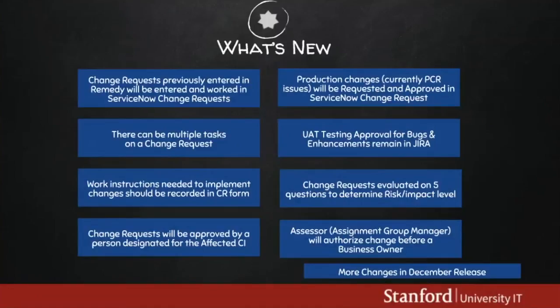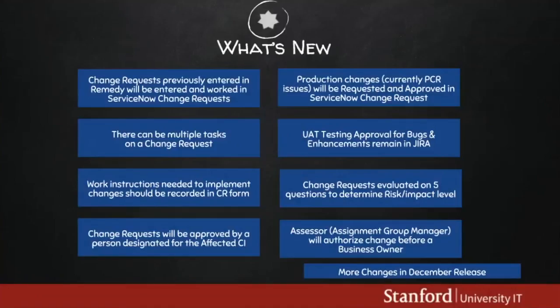If you have tasks that need to be done, you have the option to do that from the form. Any UIT testing approval for bugs and enhancements, I know this is applicable for most of the people on the phone, is going to remain within JIRA. Any work instructions that are needed to implement the change should all be recorded in the change request form directly.